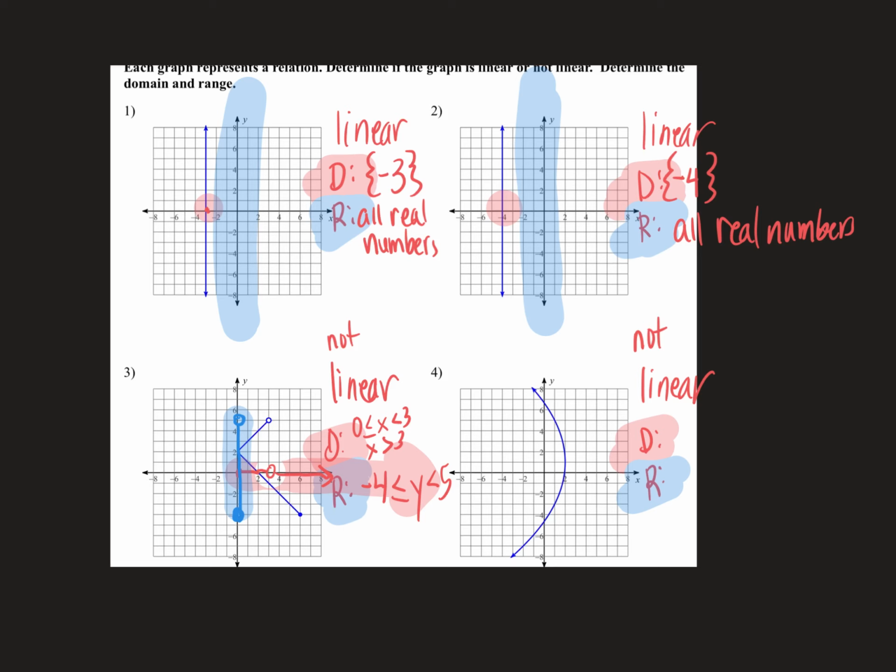It goes from +2 forever to the left. Solid forever to the left. So that would be x is less than or equal to 2. And then how far up or down does that graph go? Looks like forever up and forever down, because those arrows are going up and down forever. So that would be all real numbers.